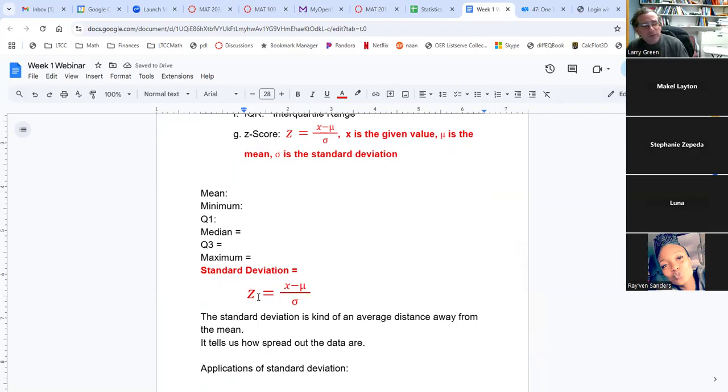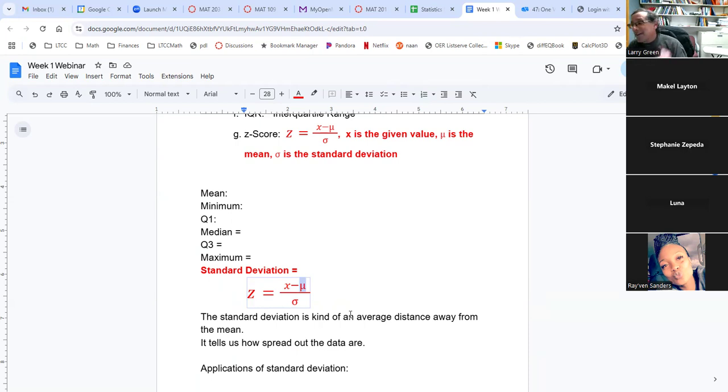So let me read these out to you, because this is really important in terms of the letters we use, because we are always going to use the same letters for this stuff. Z is the z-score. That's an obvious letter for z-score. X is a number that you're interested in. This is a Greek letter right here.